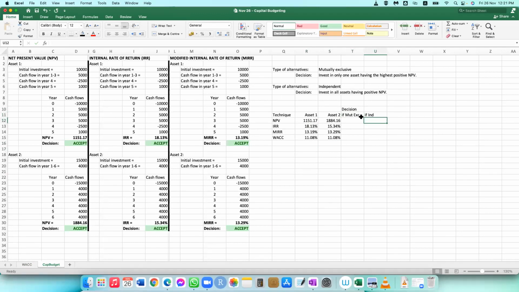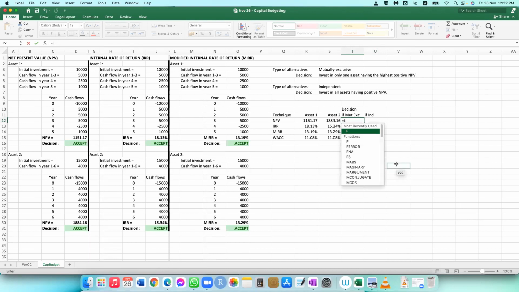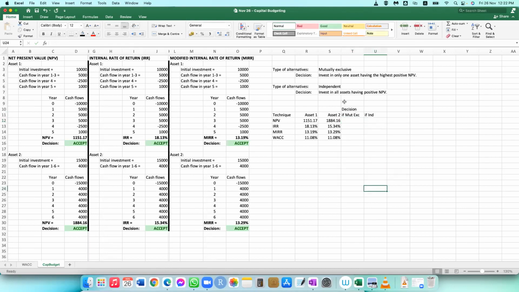Writing in short because we don't have that much space there. So the decision will be based on the NPV criteria. Actually, at first you have to make another thing, acceptable or reject.